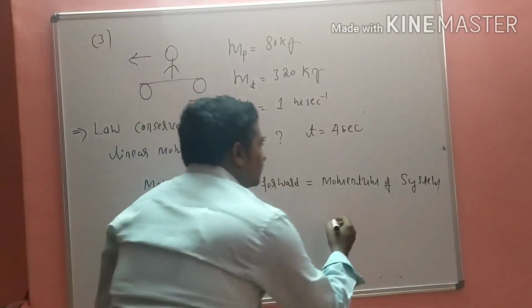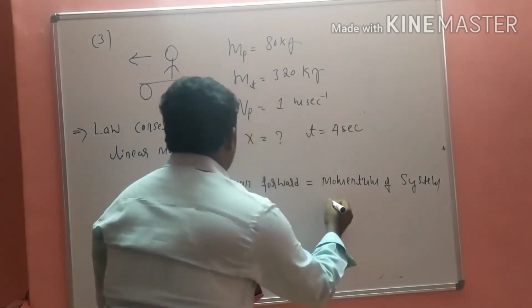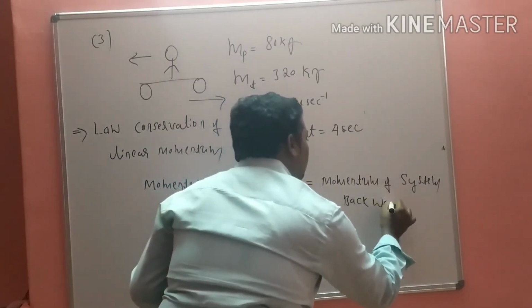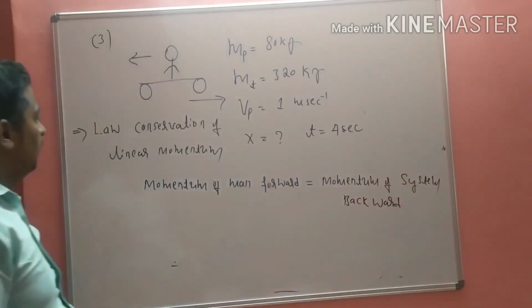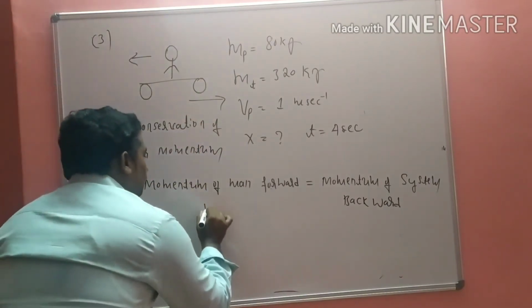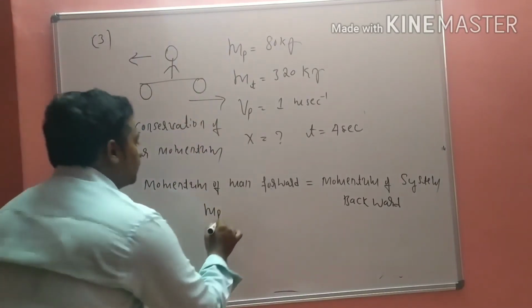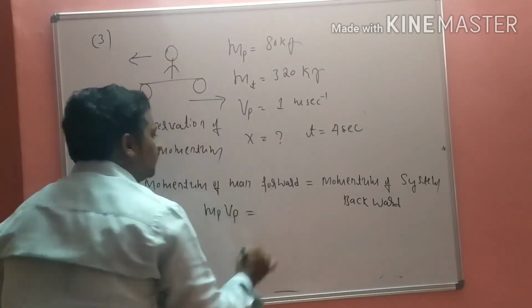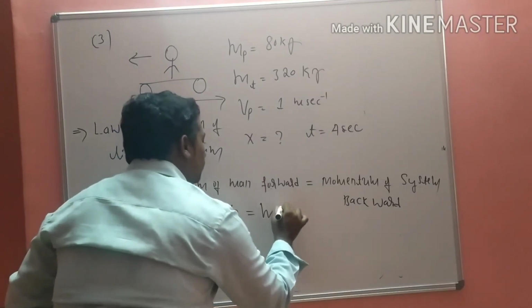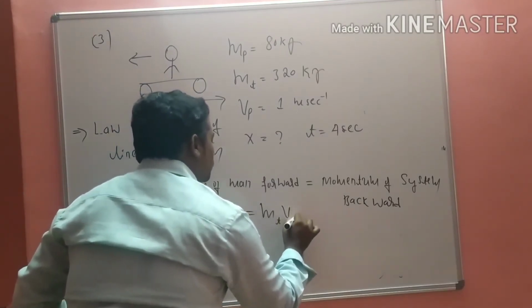So the momentum of the system backward. So the momentum of the man, the mass of the person times the speed of the person, is equal to the mass of the trolley times the speed of the trolley.